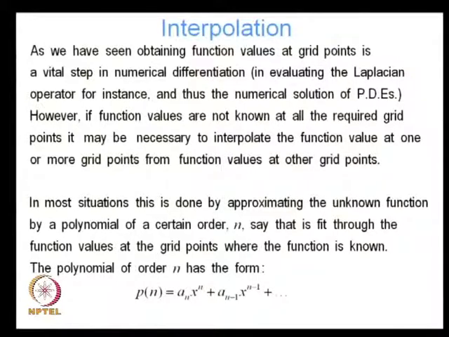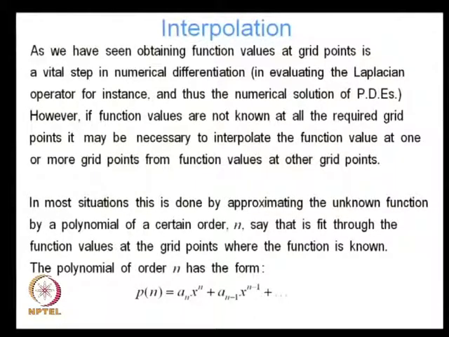Now, it is possible that we might not know the function values at all the grid points. For instance, if we adaptively refine a grid, that is, we add grid points at locations of interest, where we have sharp gradients or the solution varies very fast, right.